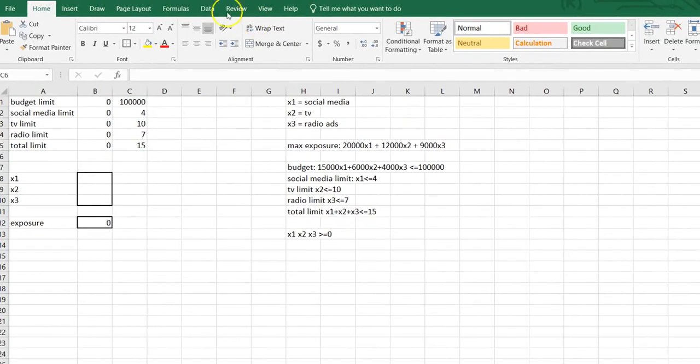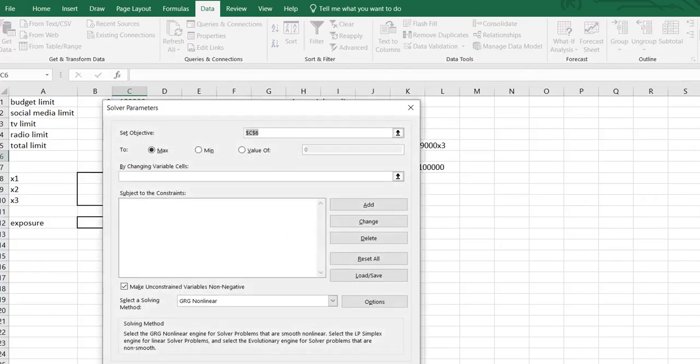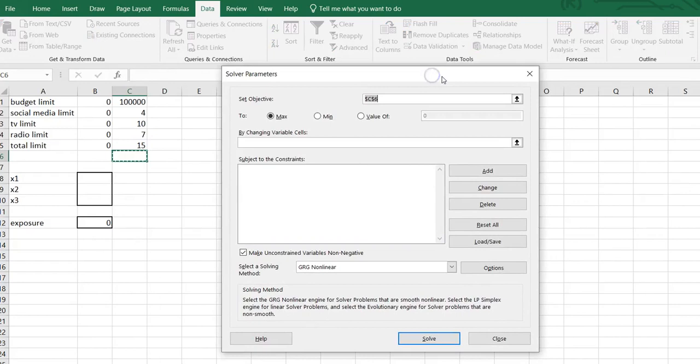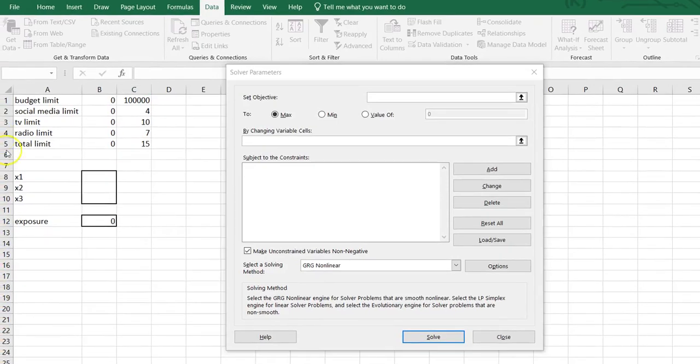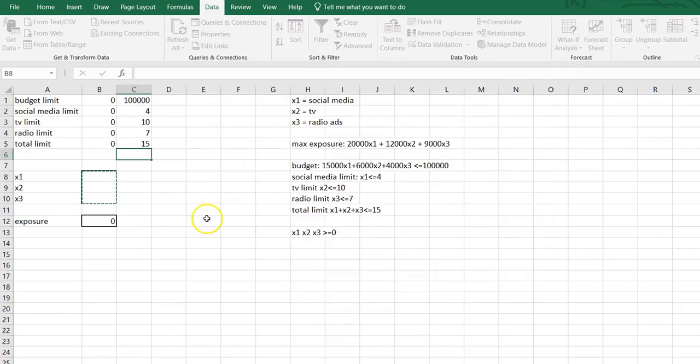We're going to click Data, and our Solver button. We want to maximize exposure, which is in B12. We're maximizing. Our variable cells are the decision variables. Drag and highlight. We're going slow.